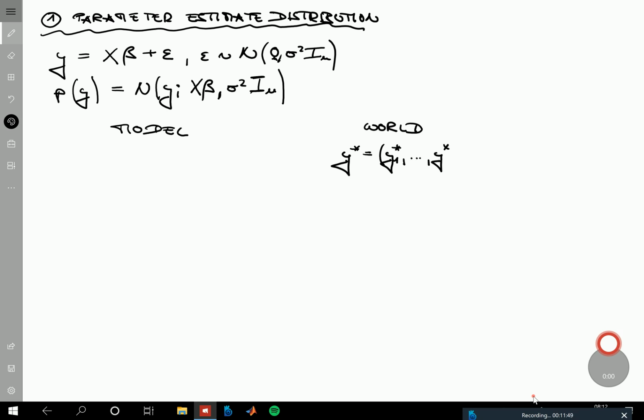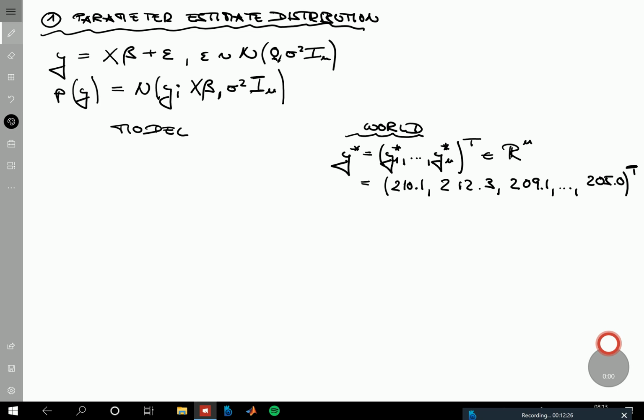So you have observed that, you have it stored on your computer, and these are, for example, values like this. It's an n-dimensional vector. So this is what you have observed. This is what you have stored on your computer. This is what the experiment gave you.